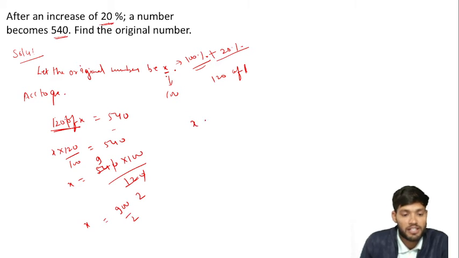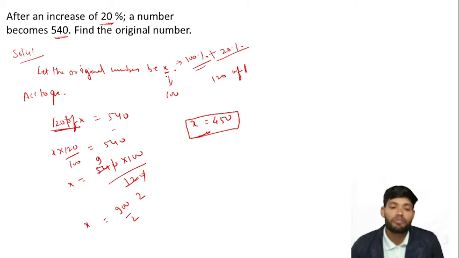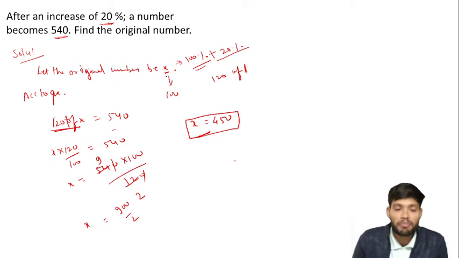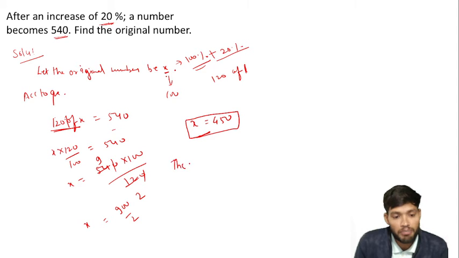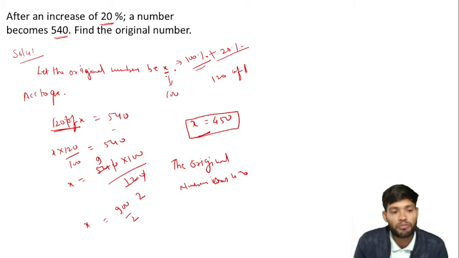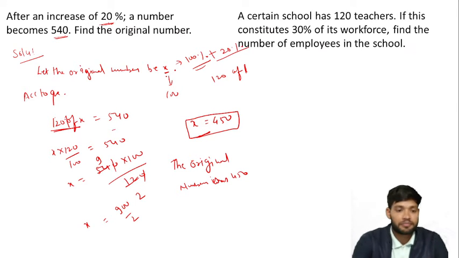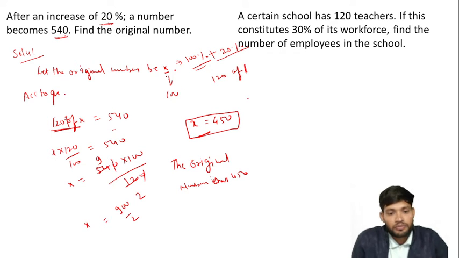That means x is equal to 450. The original number was 450. So hence we have to write the original number was 450. Clear? Now next question.